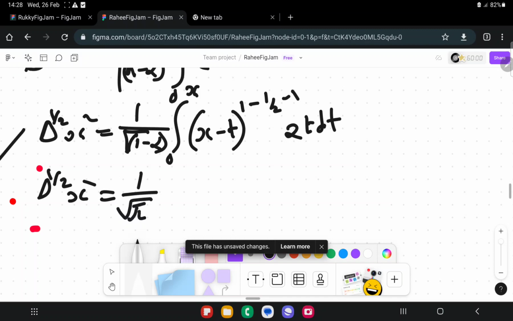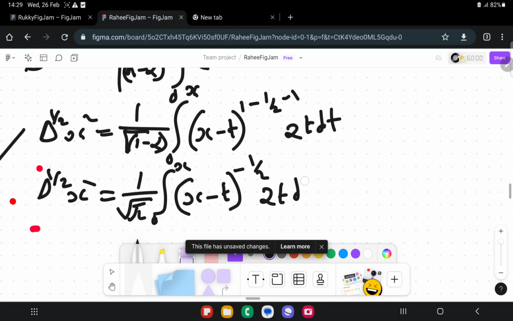So instead of gamma of half, let me replace it with the square root of pi. And then we have our integral from 0 to x of x minus t raised to power negative half, then 2t dt.